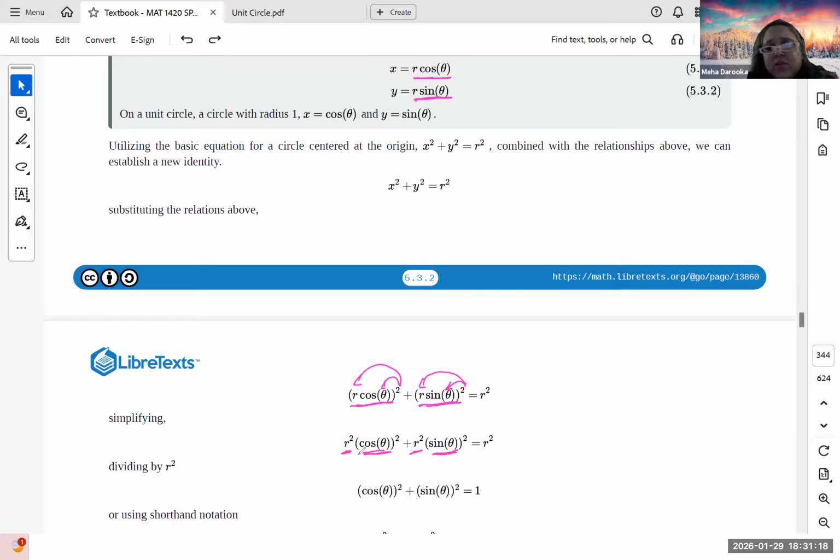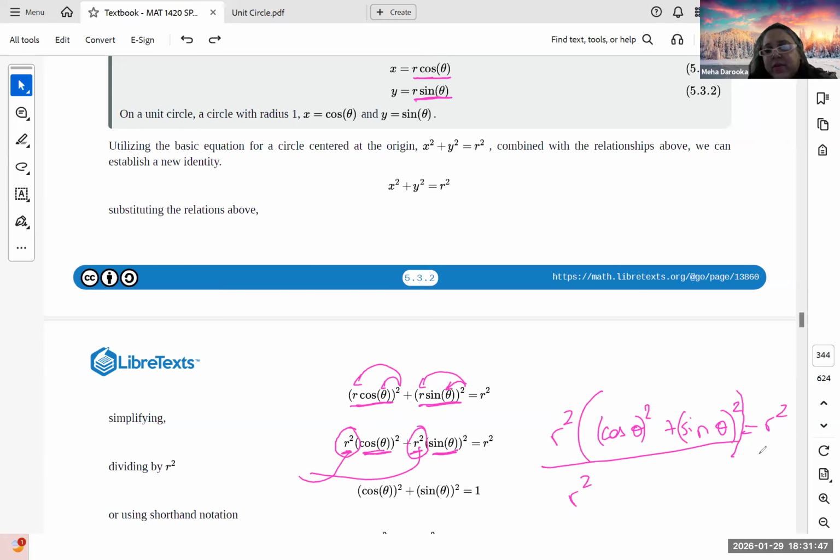Basically, factor out your r squared from the left-hand side. So you can see we have an r squared here. We have an r squared here. You can factor that out. You would be left with cosine of theta squared plus sine of theta squared. We're just factoring it from the left-hand side. So you're just basically bringing these outside, and divide both sides of your equation by r squared.